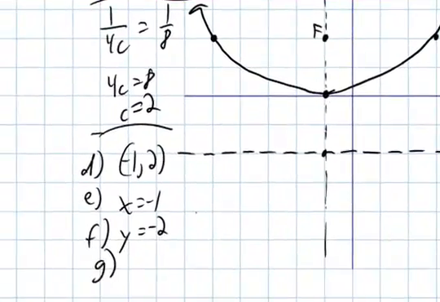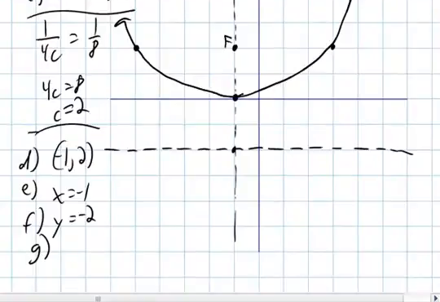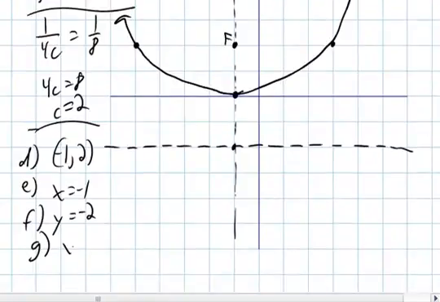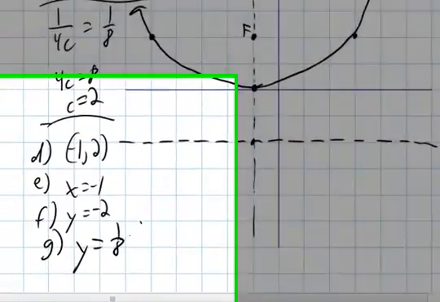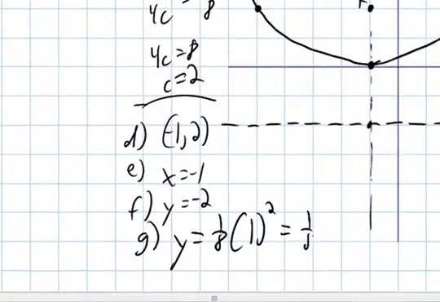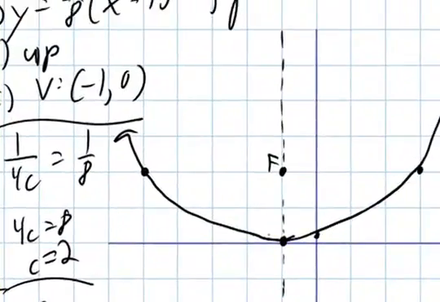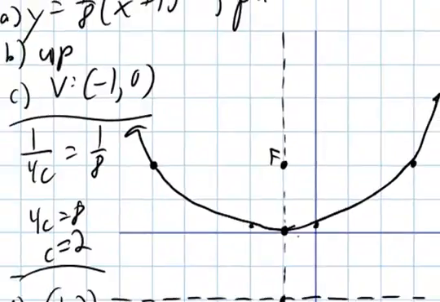You know what? We can do the y-intercept. It crosses the x-axis at one point right here, but it crosses the y-axis at, substitute 0 in for x, and you get 1/8 times 1 squared, or 1/8. Our y-intercept would be 1/8, which this isn't really showing. It would be more like down here and then down there, but you get the idea.